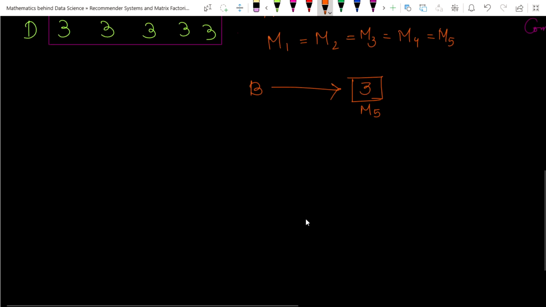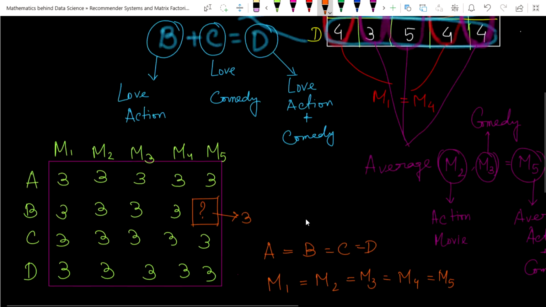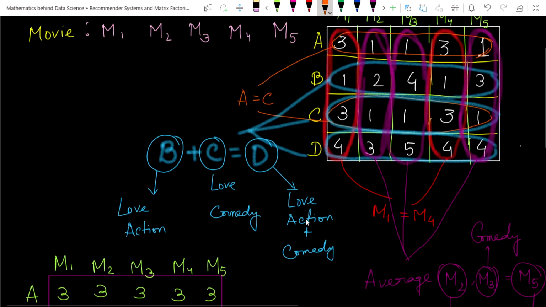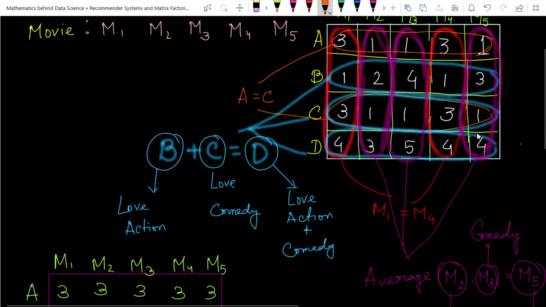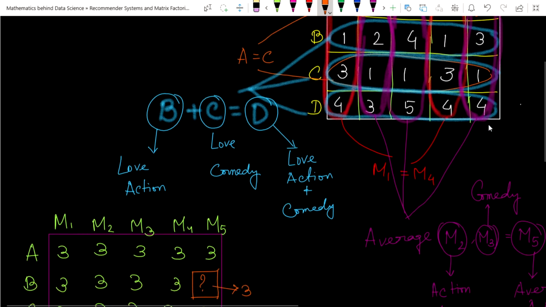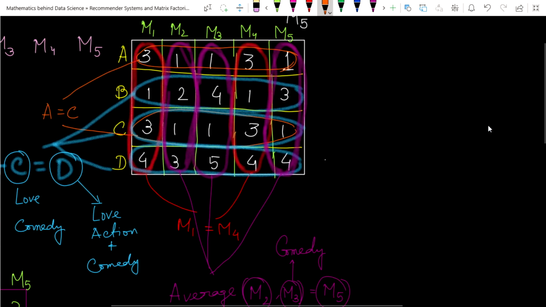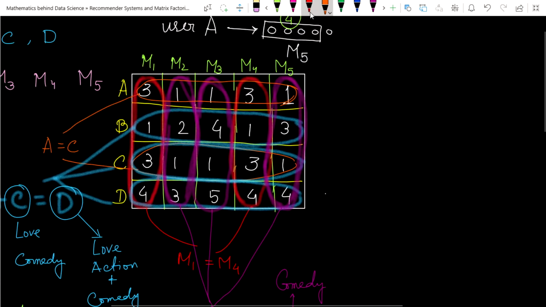Now the question is, suppose from this data, somewhere the data is missing. How will we expect what the value here will be? Let's remove this field.